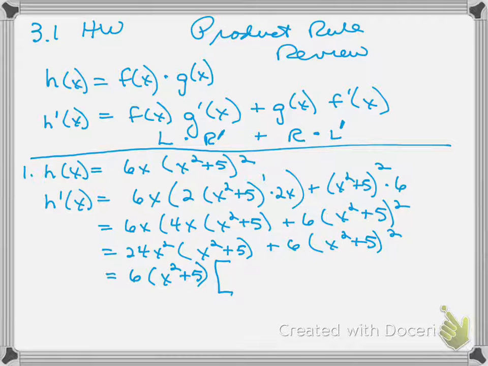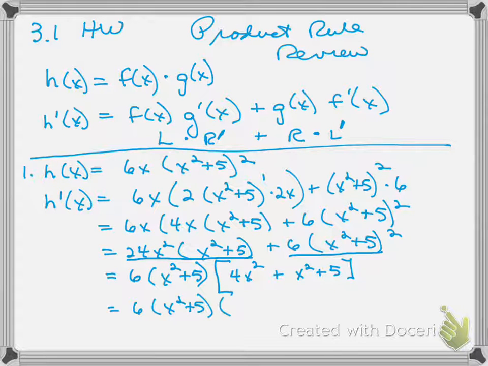Okay, to get back this first term right here, what do I need? It looks like I'm just going to need a 4x squared. Okay, plus. Now to get back this term right here, all I need is 1 power of x squared plus 5. Okay, so then next step, 6 times x squared plus 5.